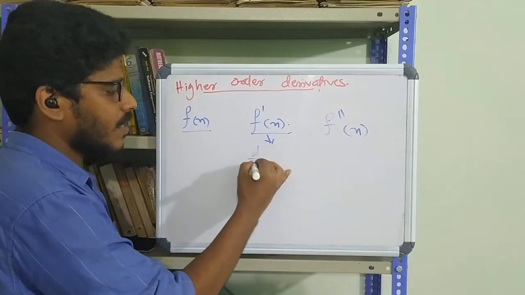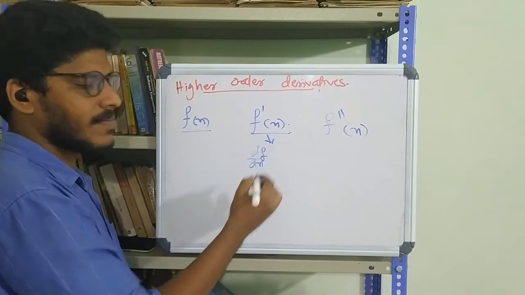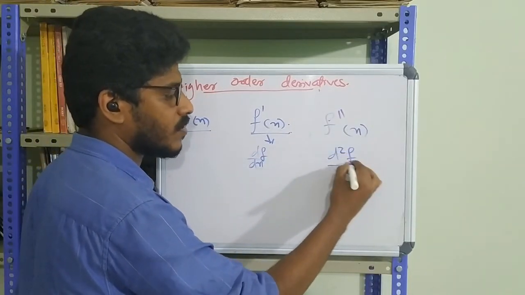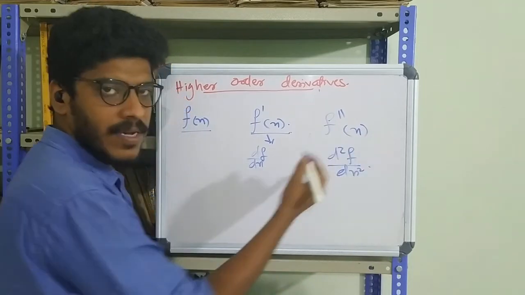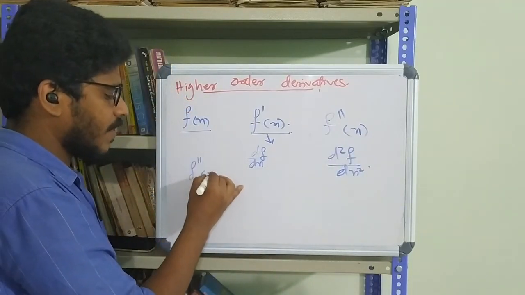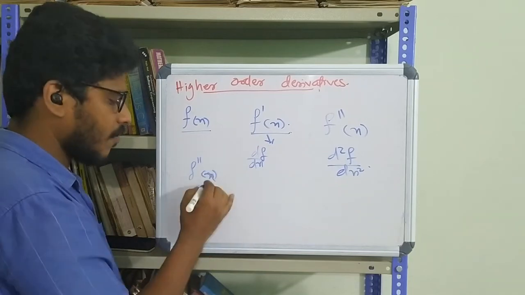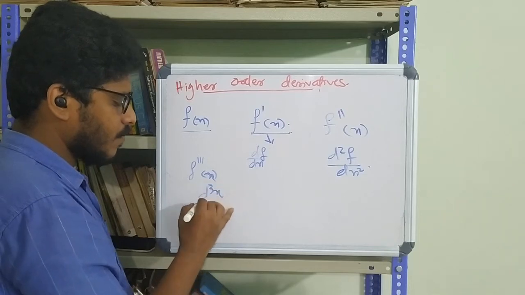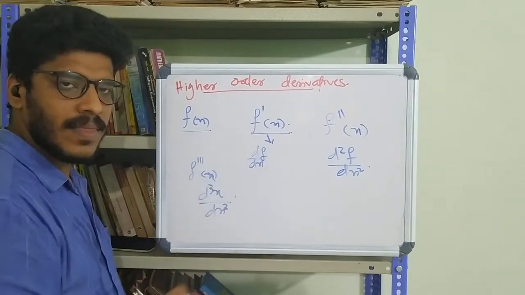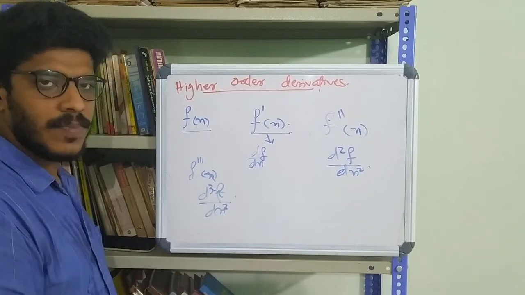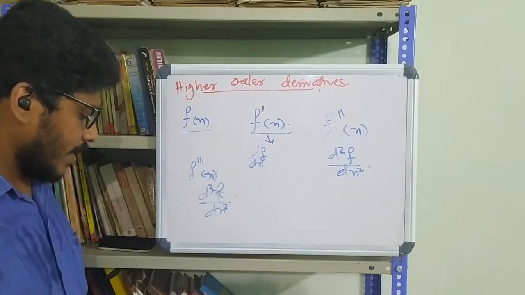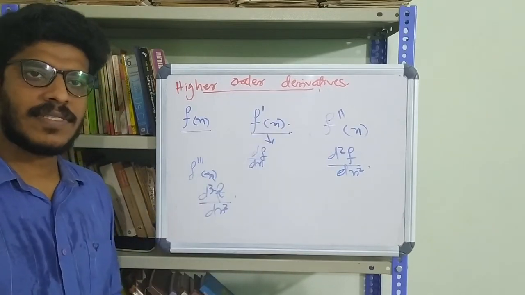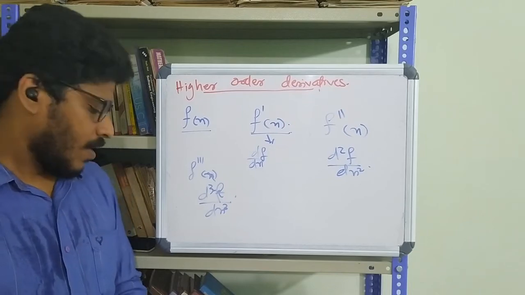So f dash of x is nothing but d by dx of f of x, or df by dx, and f double dash of x is notated as d square f by dx square, and f triple dash of x, or the third derivative or the third order derivative of f with respect to x, is denoted as d cube f by dx cube. So you may observe either notation in your questions and in your practical applications.